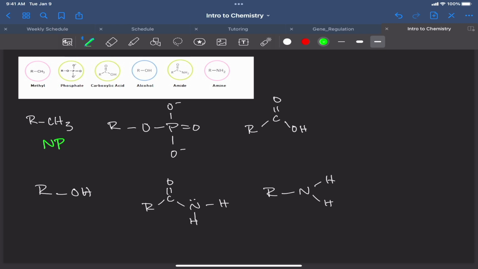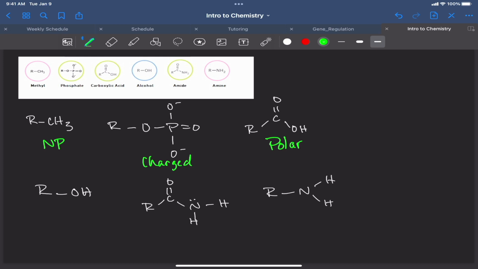Phosphates are charged. Carboxylic acids are polar. You could also make an argument that the phosphates are polar, but it's better just to say charged.